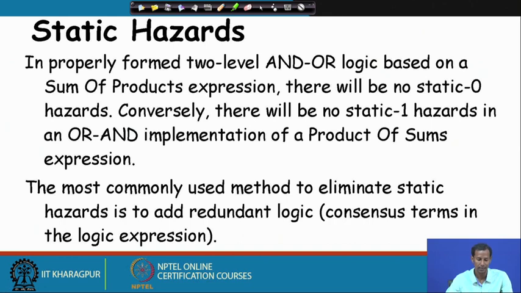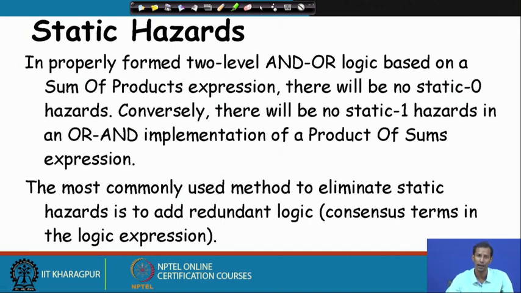Static hazards are mostly formed in two-level AND-OR logic based on a sum of products expression, and there will be no static 0 hazards. Conversely, there will be no static 1 hazards in an OR-AND implementation of a product of sums expression. The most commonly used method to eliminate static hazards is to add redundant logic.